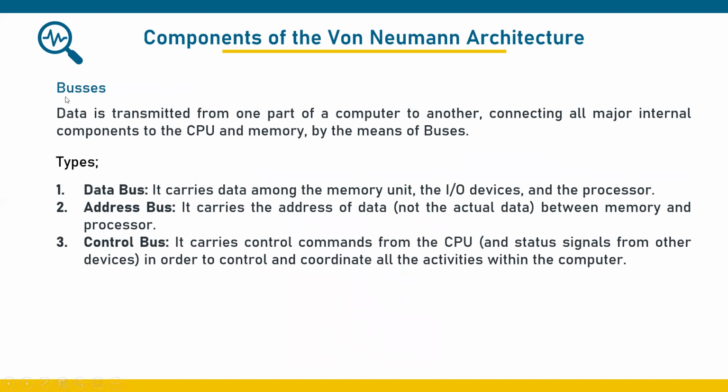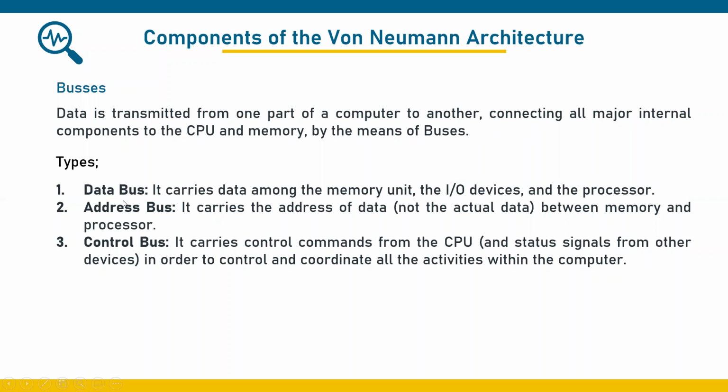Okay, now I will explain buses. Data is transmitted from one part of a computer to another, connecting all major internal components to the CPU and memory by means of buses. There are three types of buses.